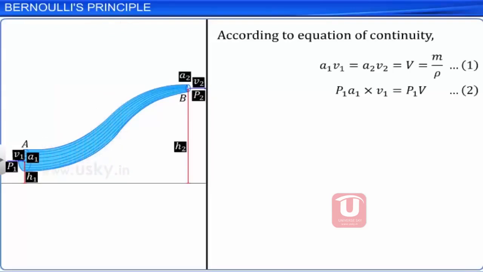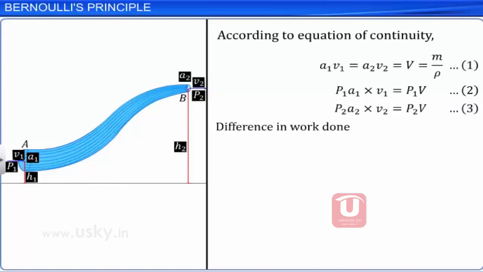Similarly, the work done per second on the liquid element against the force due to pressure at B is expressed as P2A2V2 is equal to P2V. Let this be equation 3. The difference in the work done on the liquid element in moving from A to B is expressed as P1V minus P2V.